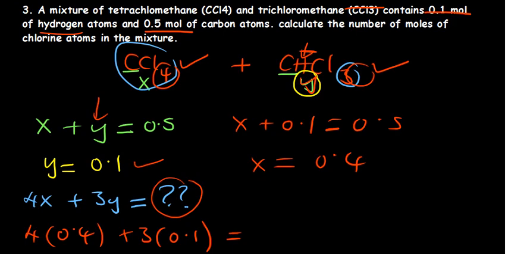So grab your calculator. 4 multiplied by 0.4 plus 3 multiplied by 0.1. I'm getting a value of 1.9 moles of chlorine. Okay. So let's proceed and look at the mole calculations.